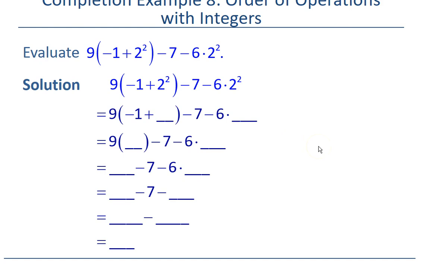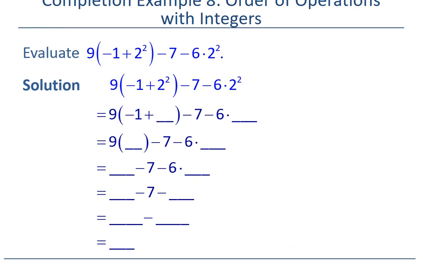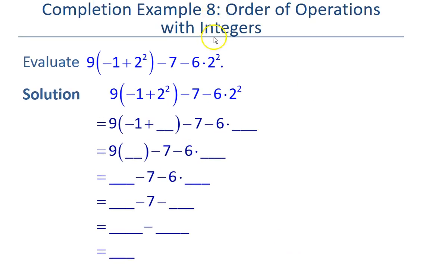Okay, take a moment. Let's write this one out together here. I guess I can move it up a little bit too. There we go. Take a moment, pause if you need to write things down. So, as we start to solve this, we're going to square the 2 here. And over here you're going to put a what? A 4.